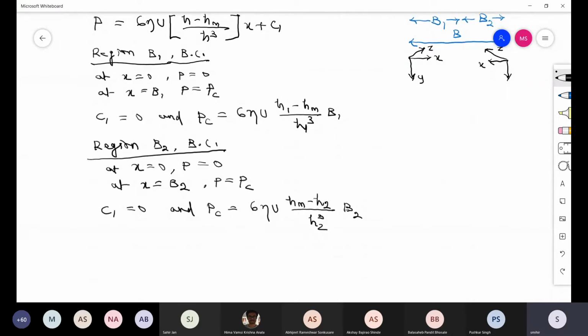Now what is Pc? Pc is the common pressure whether you take region 1 or region 2. So now equate these Pc together. From that you can find out Hm.